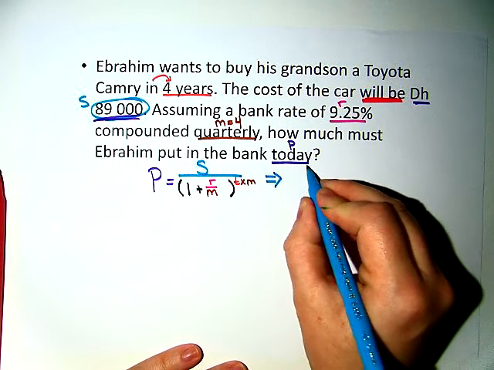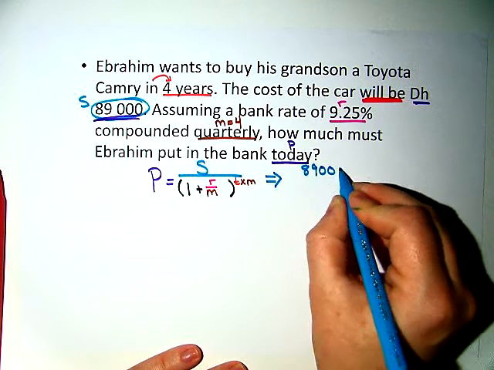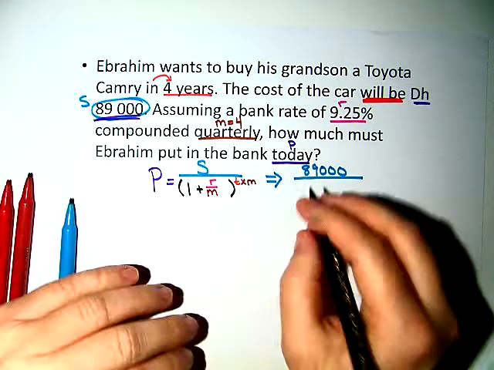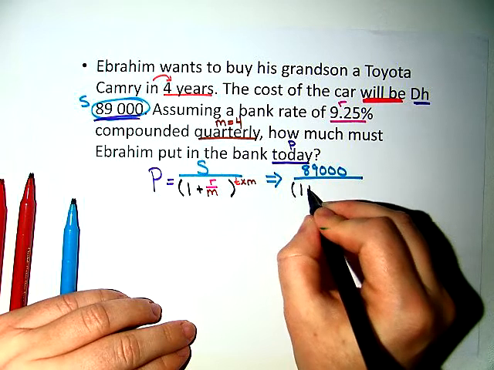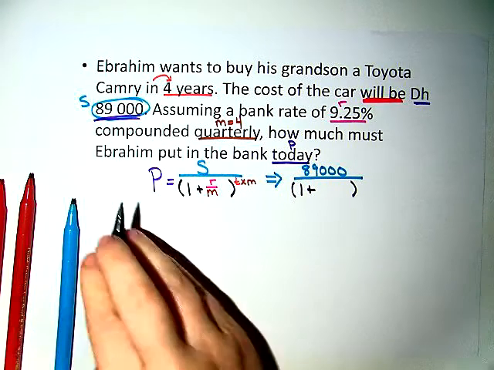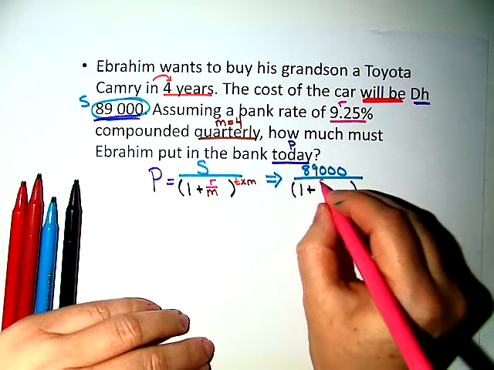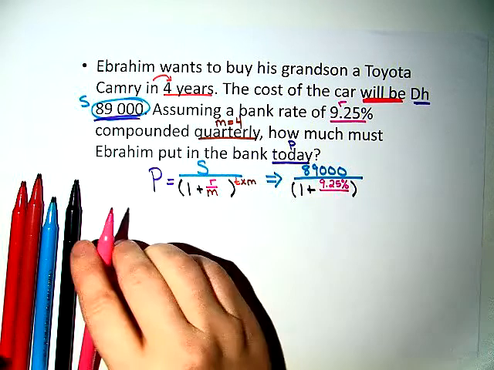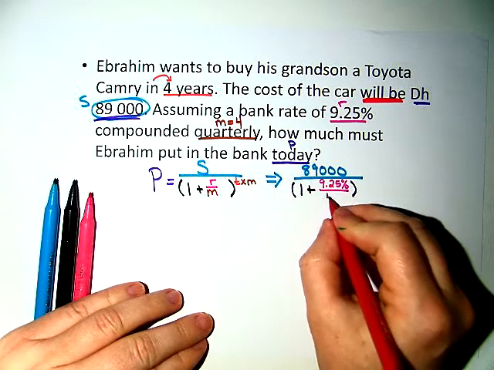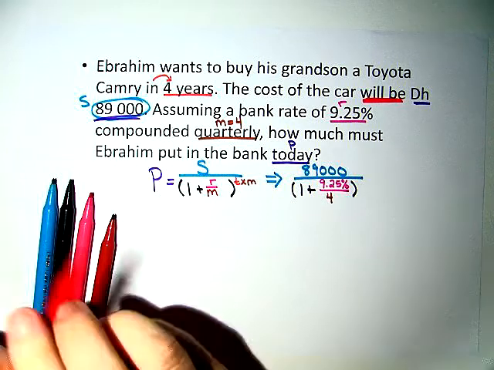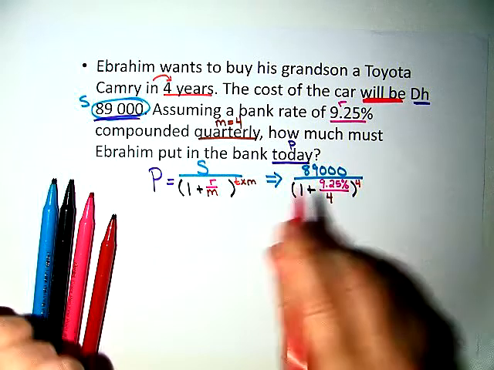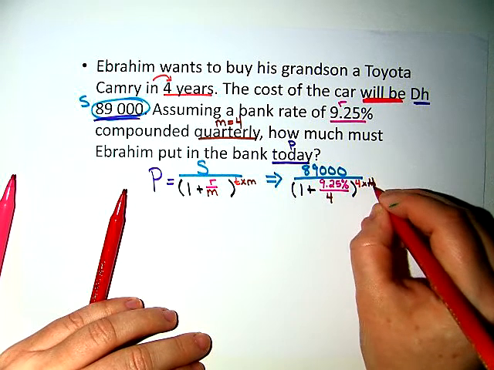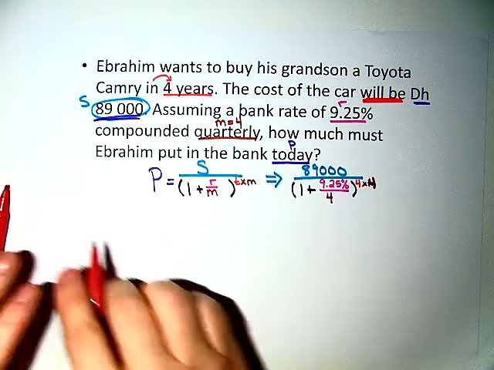So we want there to be 89,000 when we're finished. Okay, so we have to do 1 plus my rate is 9.25%, and this is compounded quarterly, so we have to divide by 4. We know that we're looking for 4 years in the future, but once again we have to multiply by 4, which is how many times per year it's compounded.